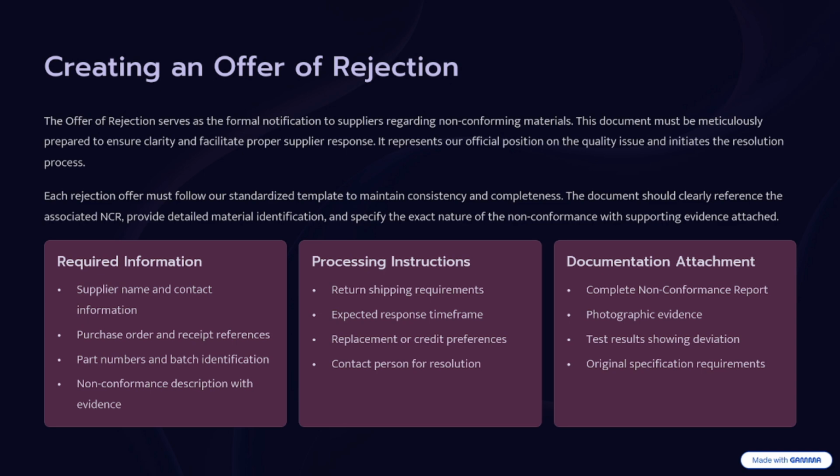Then the documents which we need to attach are the non-conformance report, evidence photos, and if there is any test result failure, that also can be attached, but mostly it is not required. But in case it is required, you need to attach your test result. Then your approved material specification, everything you can attach, so that they can be aware there is a discrepancy between the approved material and the delivered material.